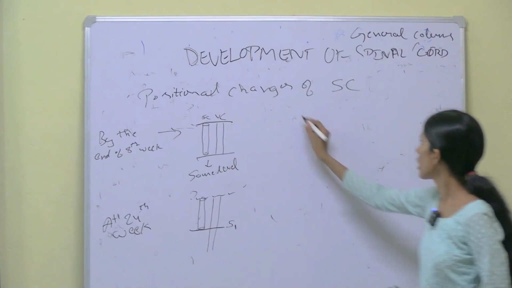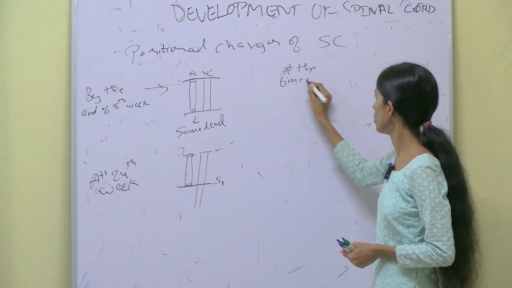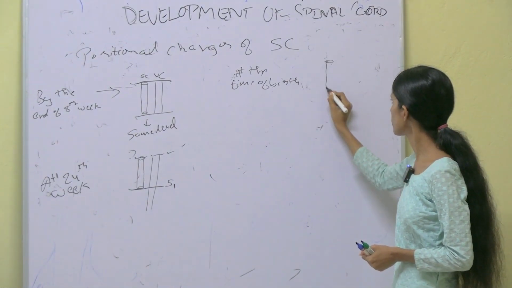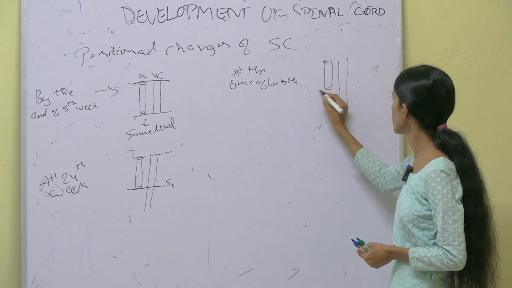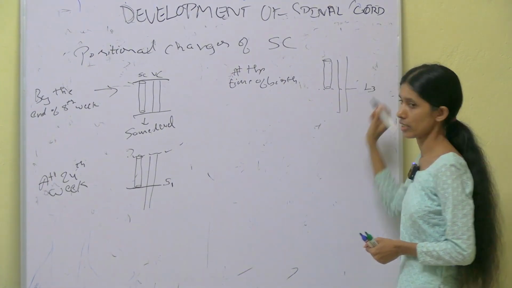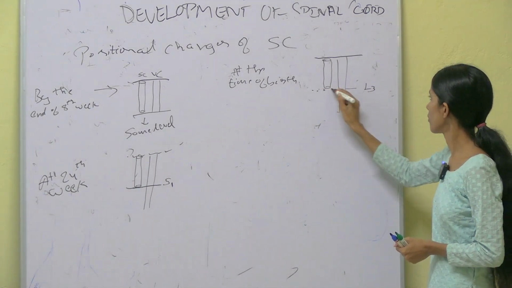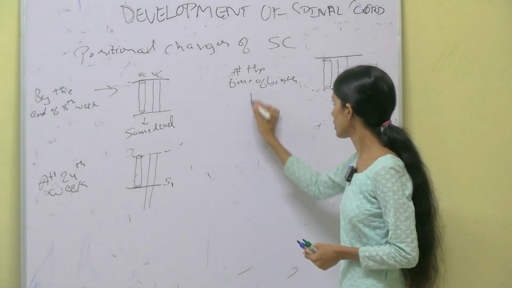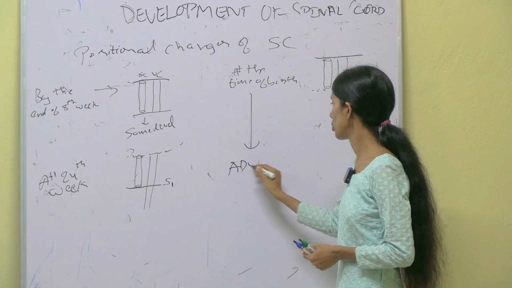Okay. So at the time of birth, your spinal cord will be present at the level of L3. Okay, it is present at the level of L3. After the birth, we'll check for the adult position.